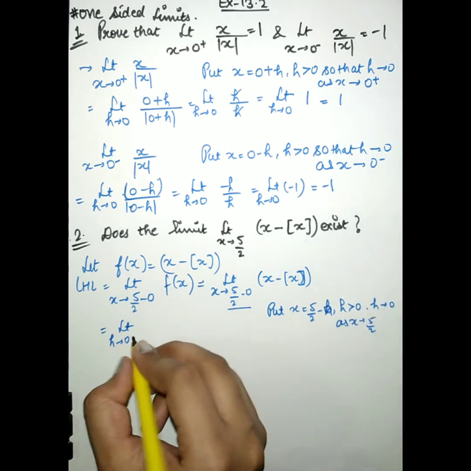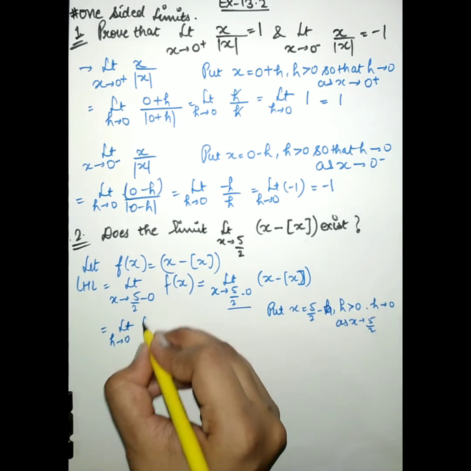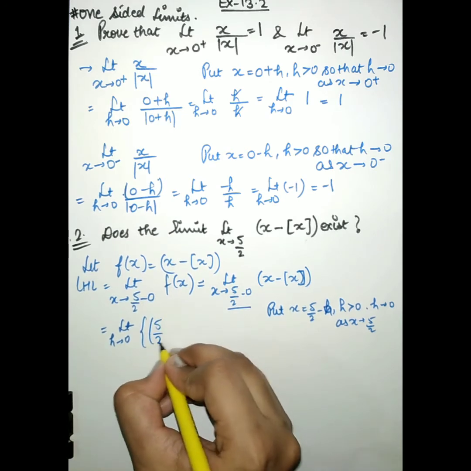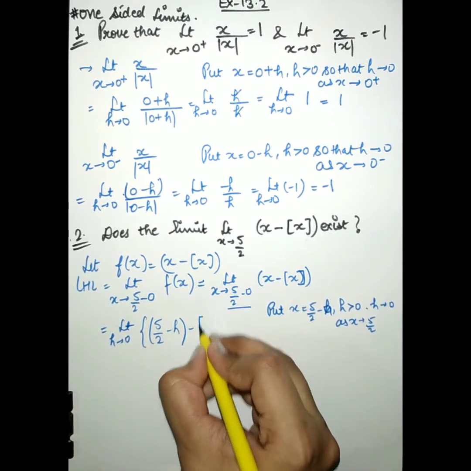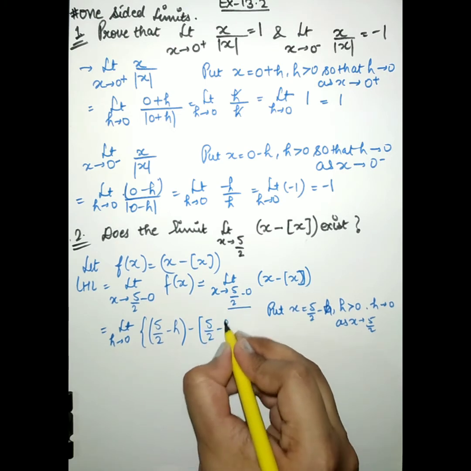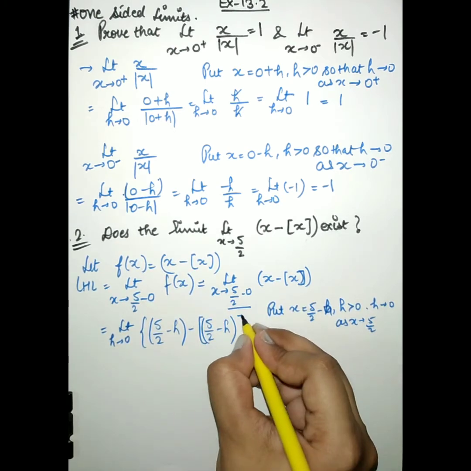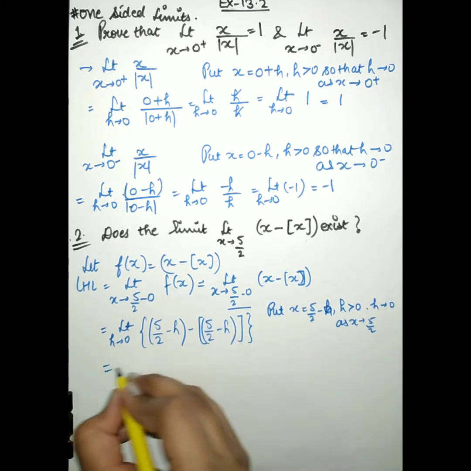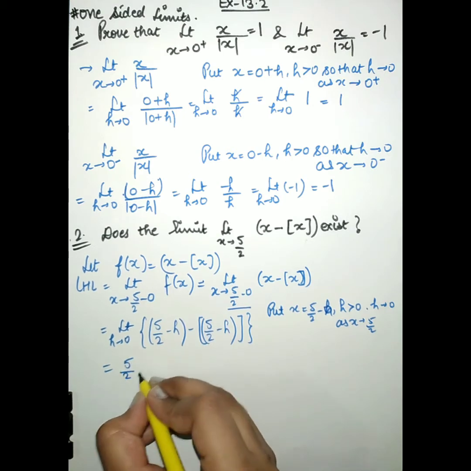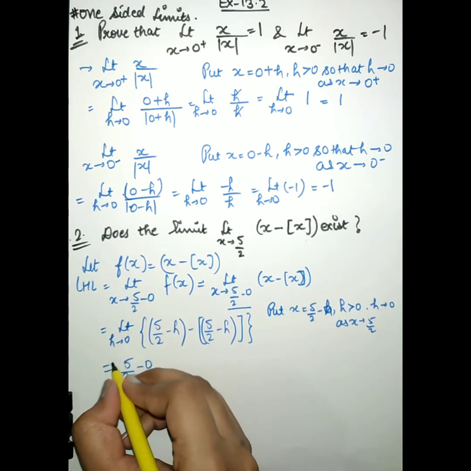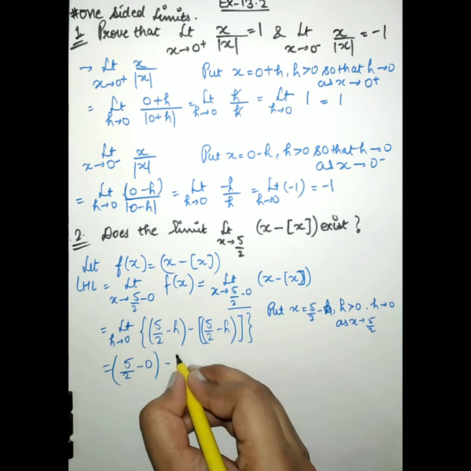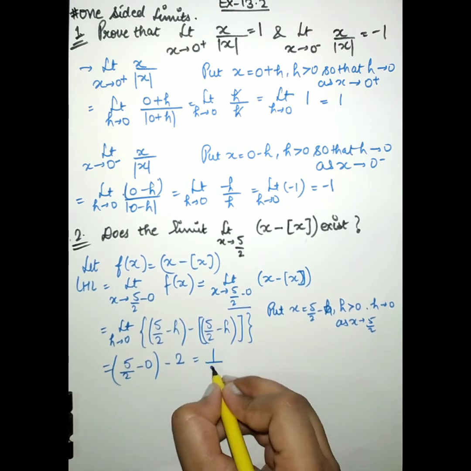Then limit h approaches 0 of 5 by 2 minus h minus box of 5 by 2 minus h. It will become 5 by 2 minus 2. It will become half.